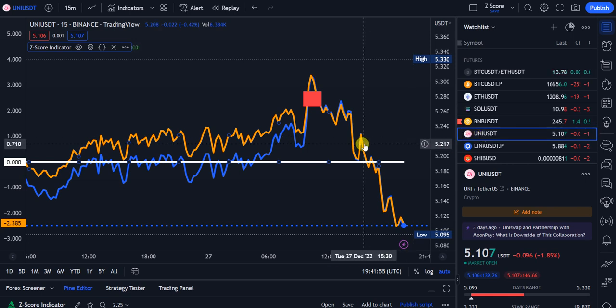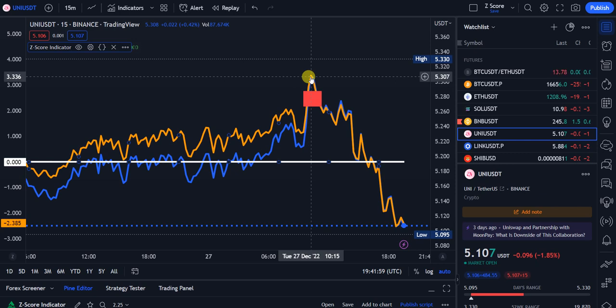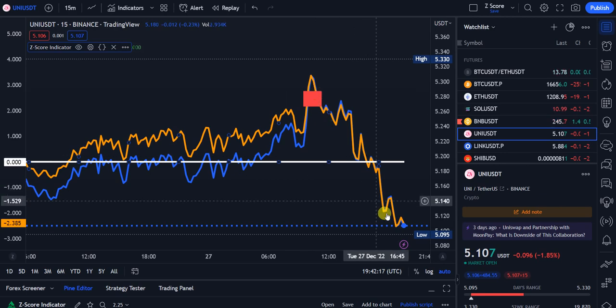If we go to Uniswap, look at this beauty. Uniswap, we got a 3.33 positive Z-score. This was on Tuesday, 10 in the morning. A few hours ago, you could take the trade short, okay, and you got it around here, let's say 528 short, and you close the trade at 519.